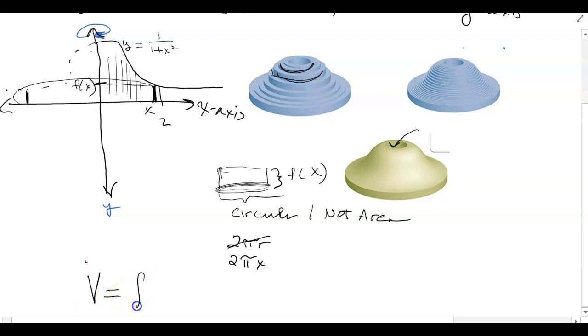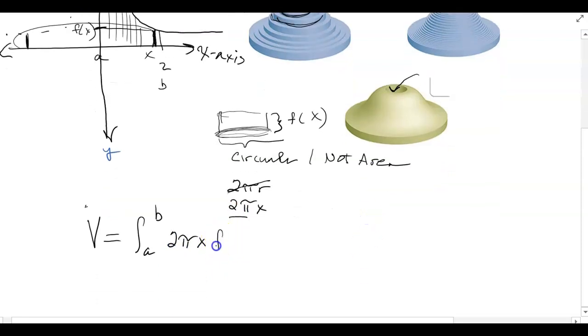The volume, in this case, a to b, we have 2 pi x times f of x. There's no squaring it because there's no radius. dx.